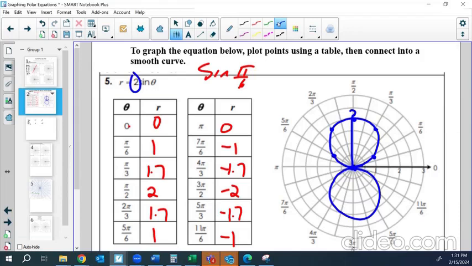Good. So just remember those. Okay. Sometimes you'll see it written as R is equal to plus and minus A sine theta, or R is equal to plus and minus A cosine theta. Good? It's on the right, and when it's less than 0, it's on the left.